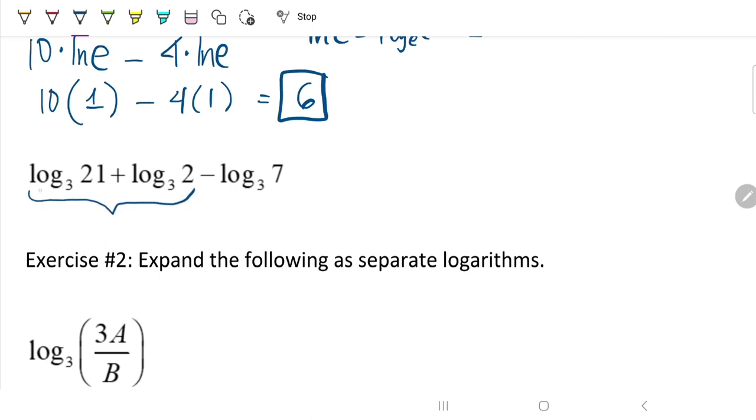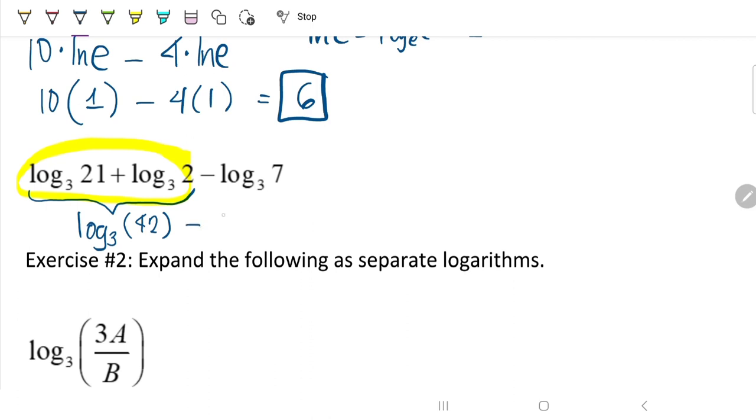If I add the first and second term, I can apply the product rule to combine. Same base, therefore I can write this as log base 3 of the product of 21 and 2. 21 times 2 is 42. So this term right here is just equal to log base 3 of 42.